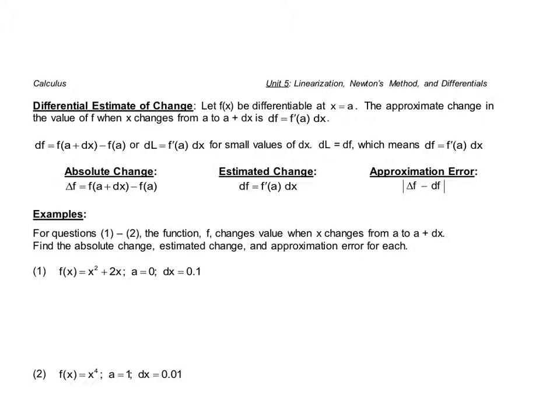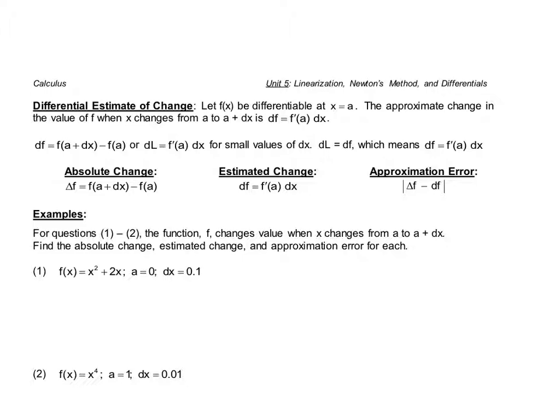The approximation error is huge, because if we can determine that there isn't much of a significant difference between the estimated change and the absolute change, what that tells us is that we can use the easier formula to come up with an approximation of whatever change there is. The first couple of examples just deal with plugging and chugging, and then we get into some contextual situations.